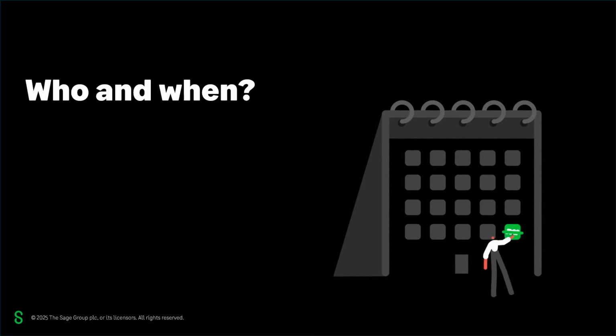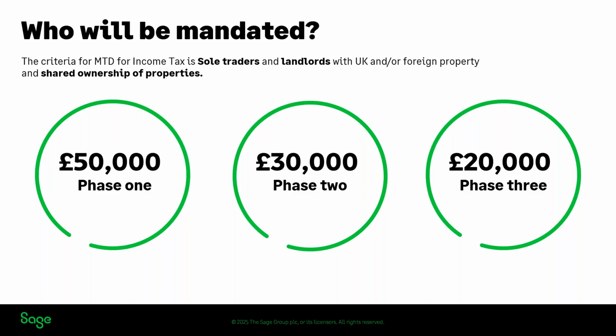So who and when? The criteria for MTD for income tax is sole traders and landlords with UK and or foreign property and also shared ownership of properties. If you are a sole trader with multiple businesses, then it will be the combined income of those businesses that will determine if you cross the threshold.